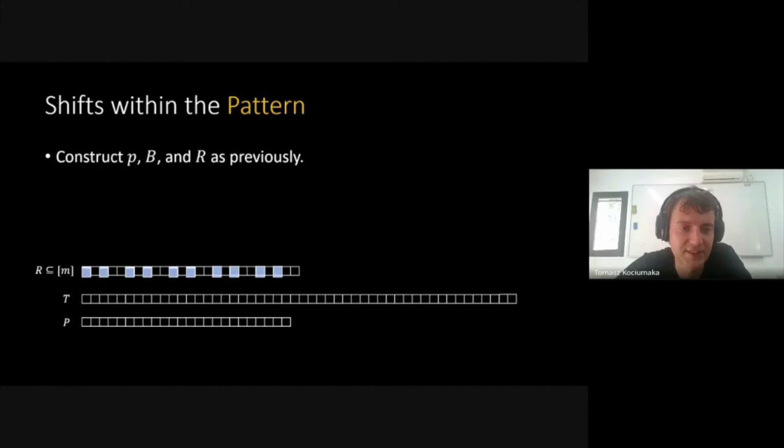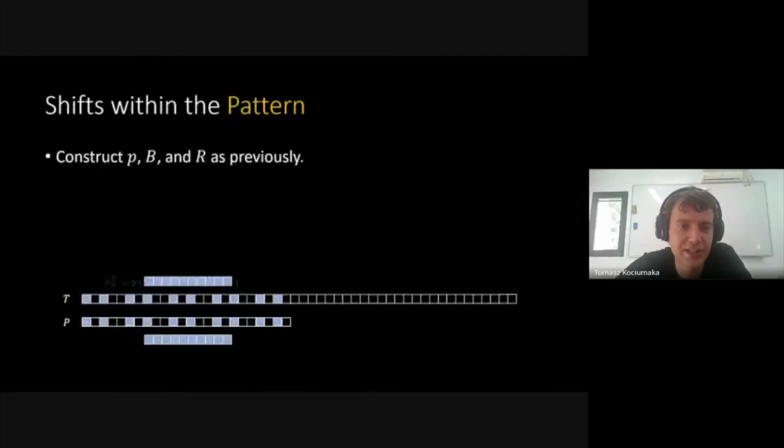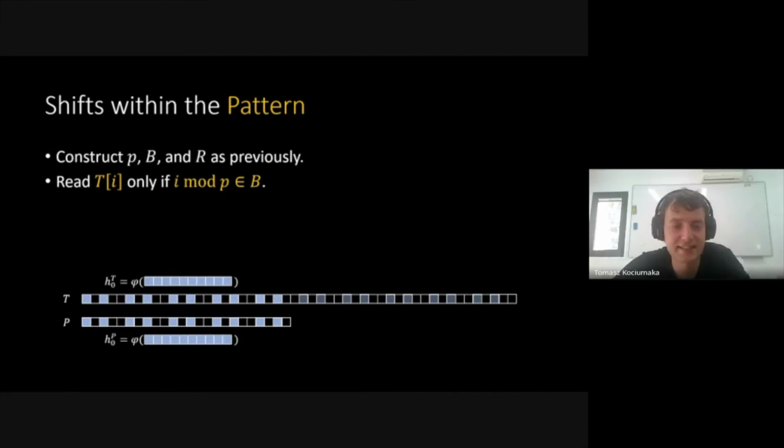And for the first shift, everything works like previously. But now we are going to read only the characters of the text whose remainders modulo p are in the sample B. So we will never touch the other characters. We will never read those characters.